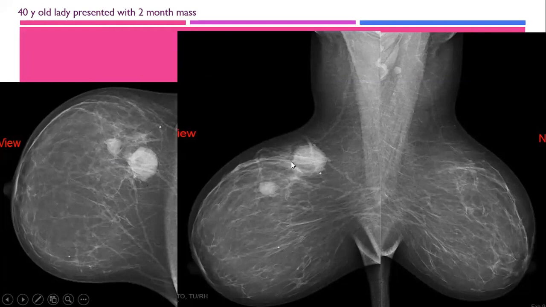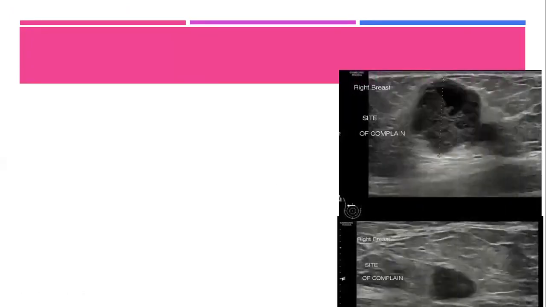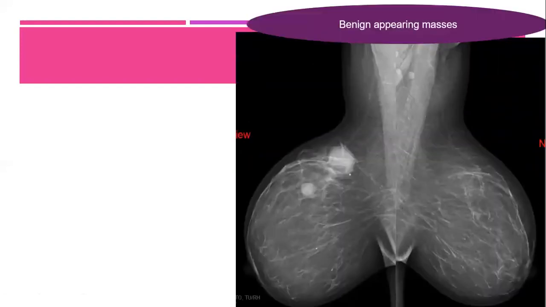Anteriorly, you can see indistinctness and speculations. And this band-like interrupted ductal extension goes toward the satellite lesions. This is BIRADS 5, and it was invasive ductal carcinoma.